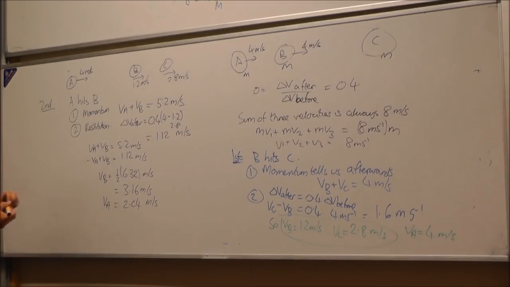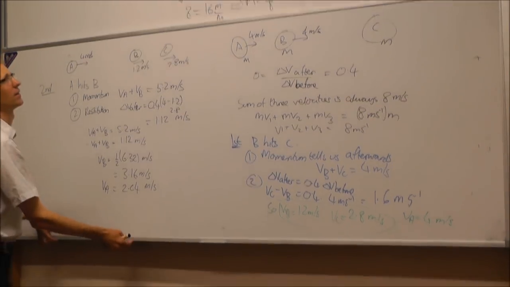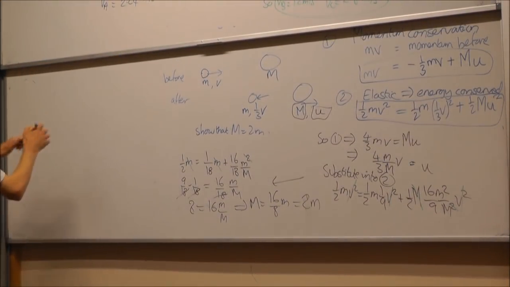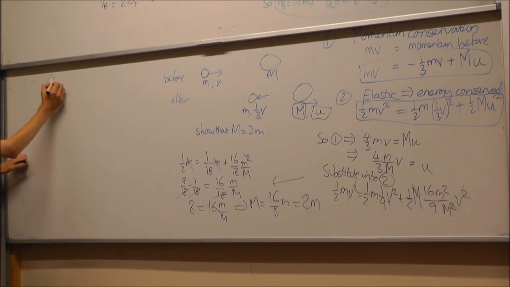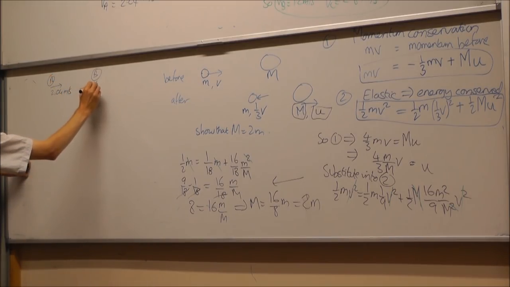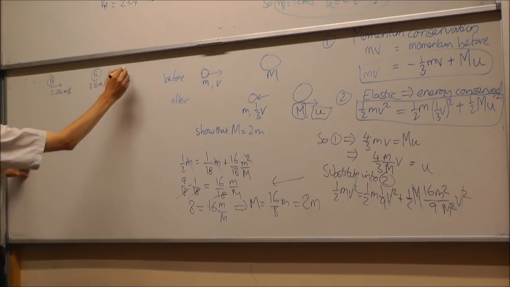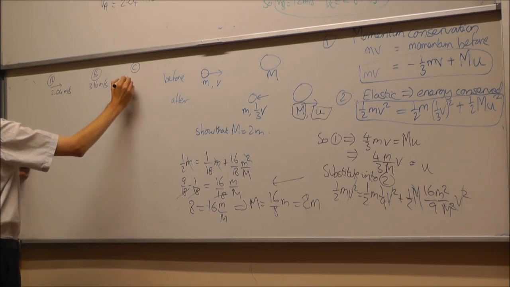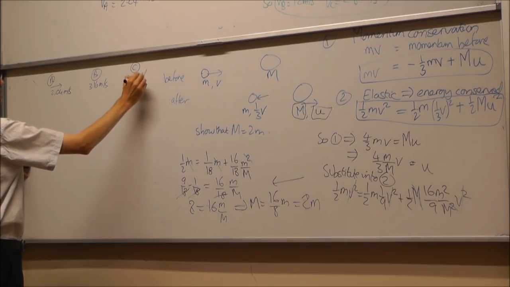Okay, so we now have A moving at 2.04 meters per second, B at 3.16, and C still at 2.8 meters per second.